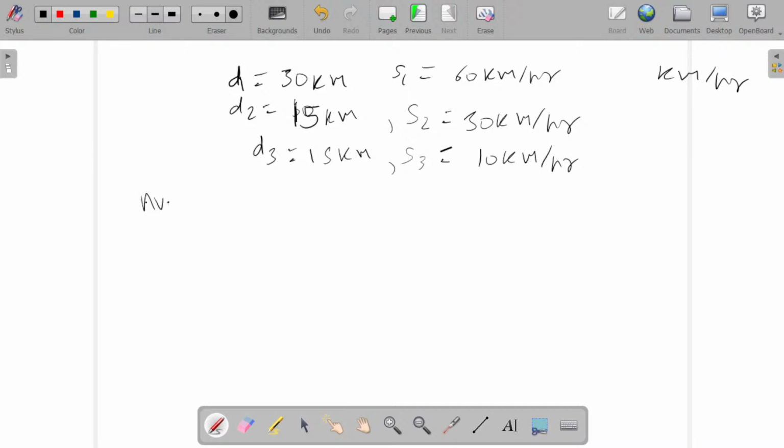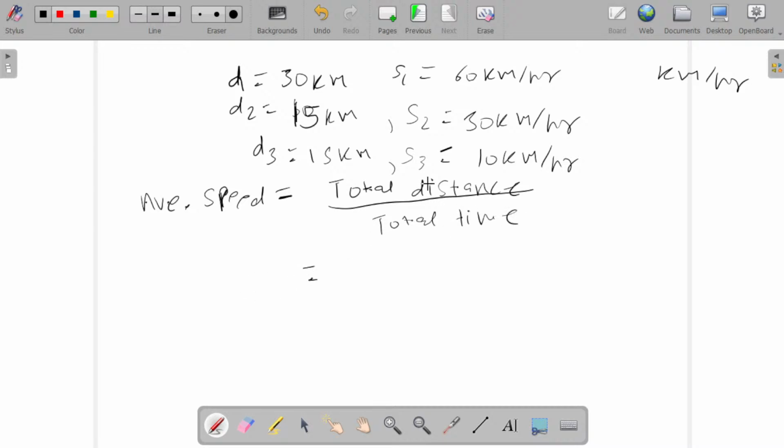So average speed equals total distance by total time. Total distance is 30 plus 15 plus 15. Here time isn't given, so let me take total time. Total time will be t1 plus t2 plus t3.